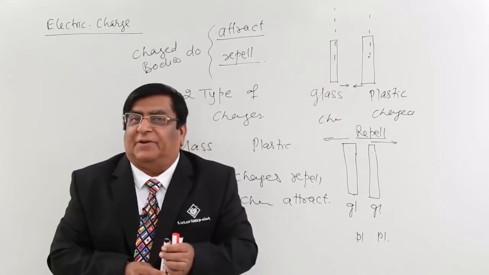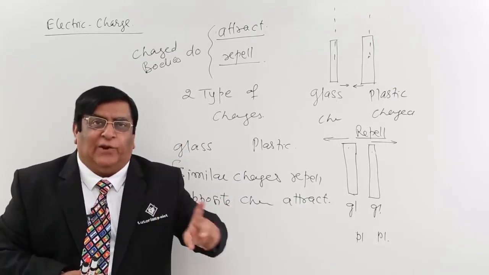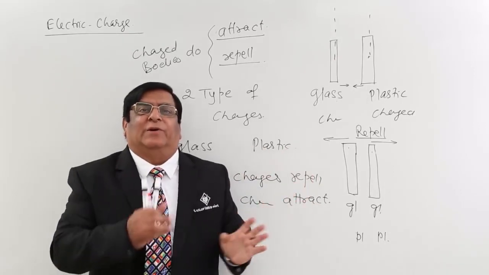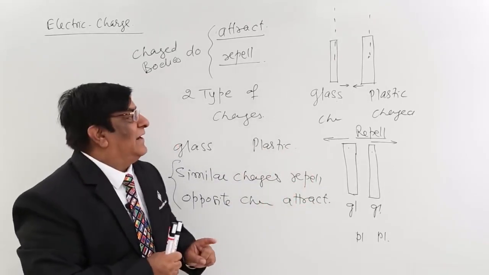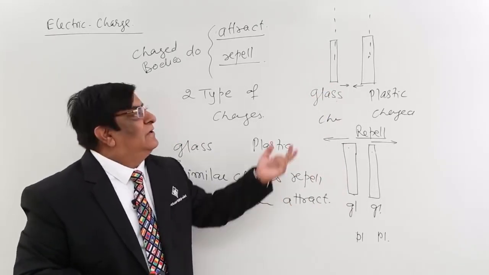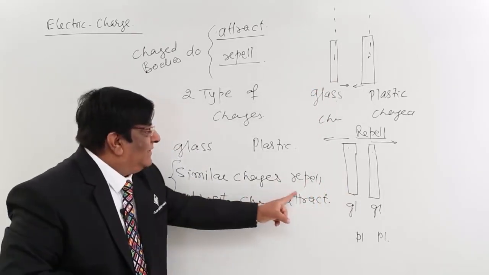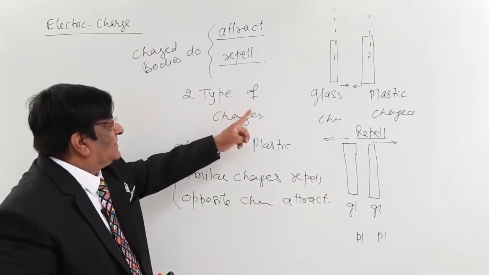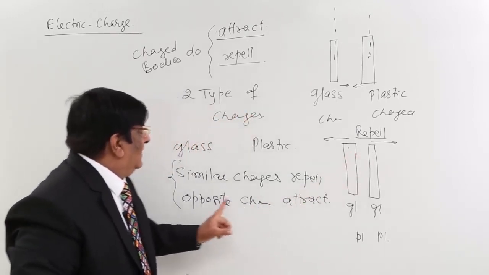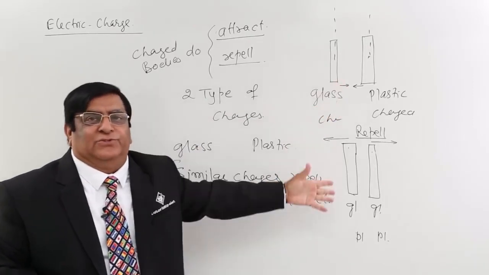So this is the rule made which will satisfy these two phenomena. You see, in our scientific method, any rule we make, any law we make, should be able to satisfy and explain whatever is happening in nature. In our lab, these two things are happening, so we should make a law which explains both. And this statement that there are two types of charges, if they are similar they will repel, and if they are dissimilar and opposite they will attract, holds good.